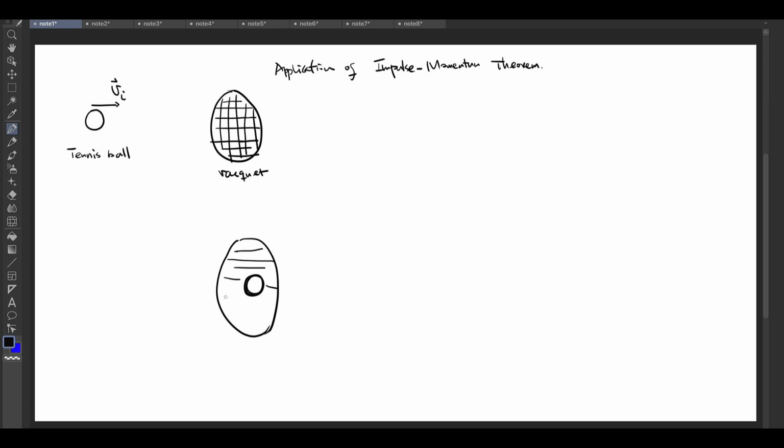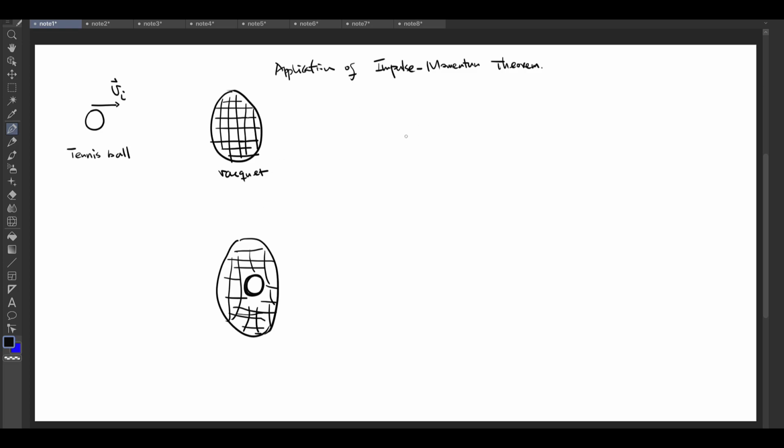Some deformation. Trying to draw some deformation of the net, the strings on the racket. All right, so let's talk about this process.